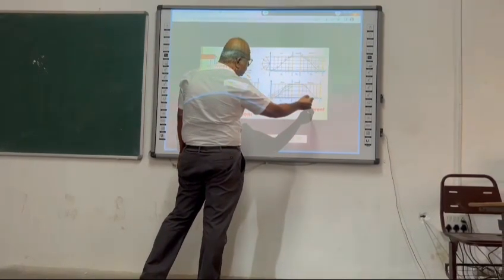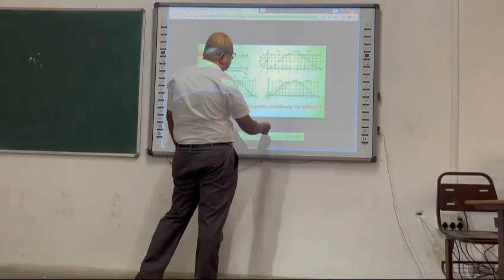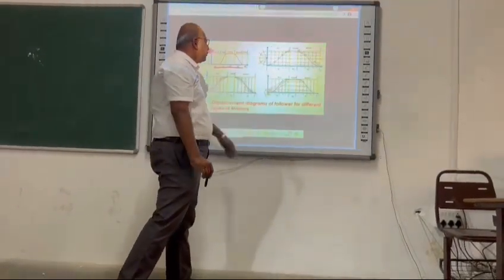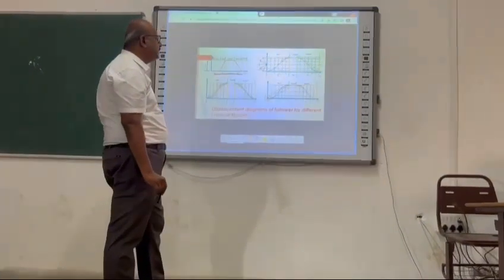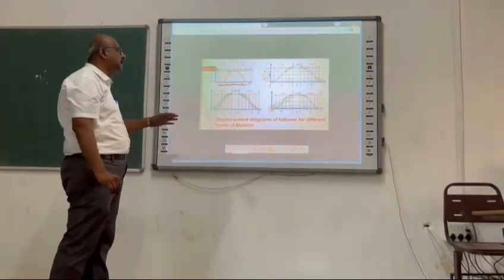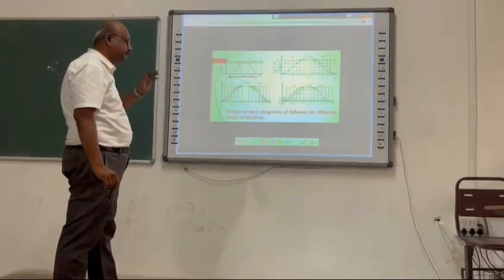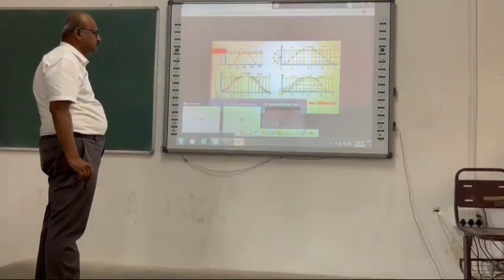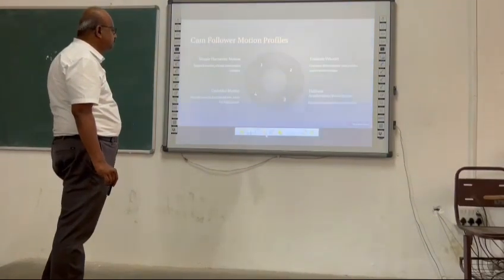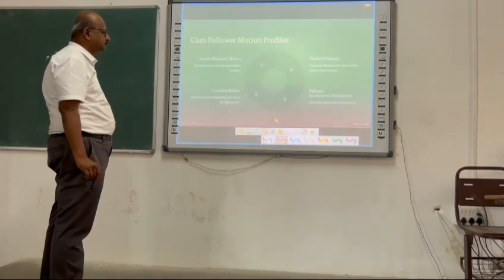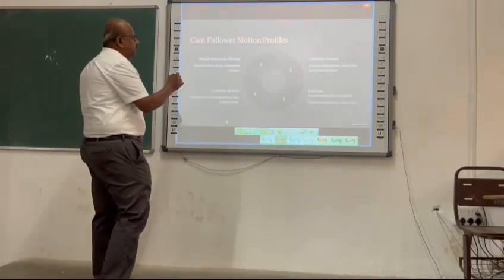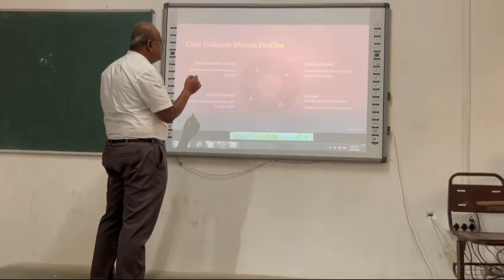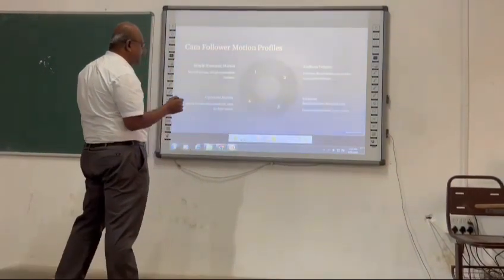So for cycloidal motion we apply the cycloid principle to draw the displacement diagram for the cam follower setup. These four motions are employed in the different profiles of the cam follower motion.